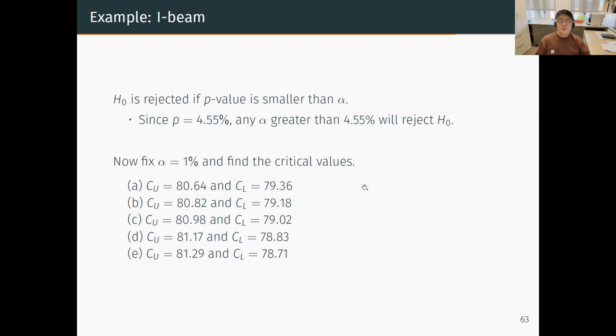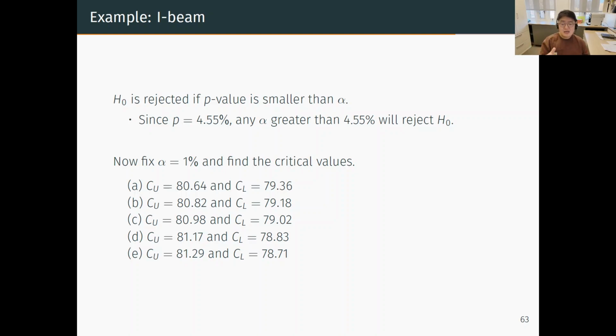I will explain. So reminder, the critical value starts from the center. The center is your null hypothesis. In this case, the null hypothesis is 80. You believe that an I-beam is 80 millimeters tall, right?